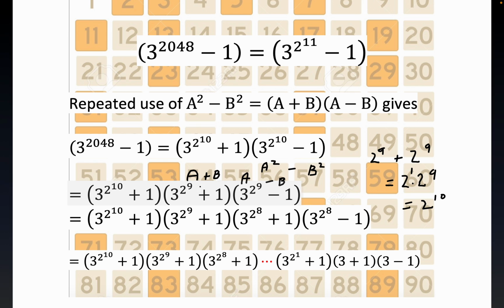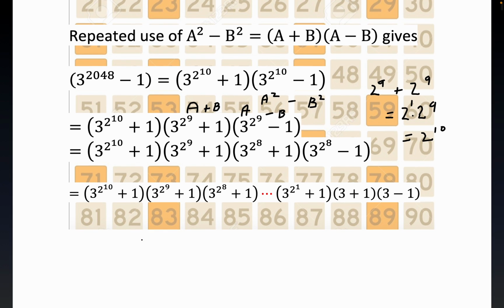The 3 to the 2 to the 9th plus 1 made it to this stage, and then we did the very same thing with 3 to the 2 to the 9th minus 1. That was done as the difference of 2 squares, and I won't detail that because it'll clutter things up. But you can see this will go on for as many stages as this value 10, okay? And so this very next line, you can just see how this continues and continues.